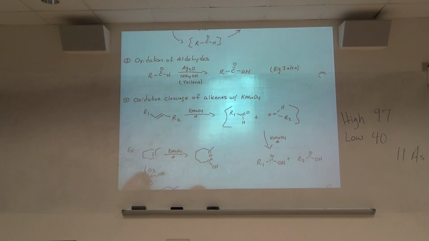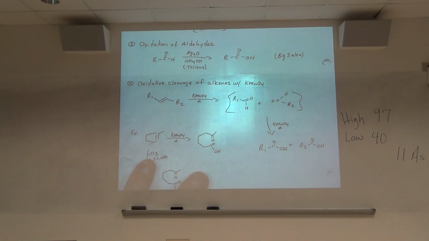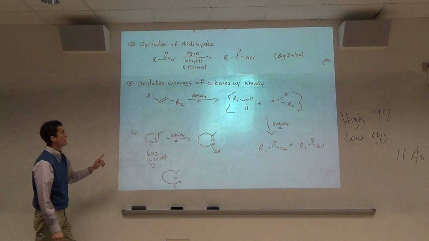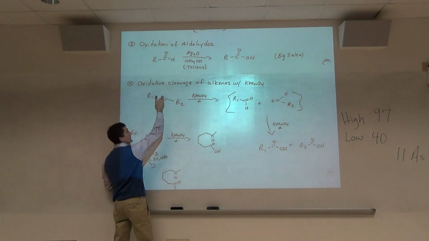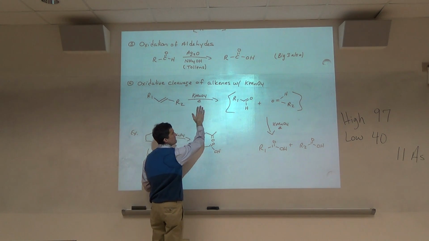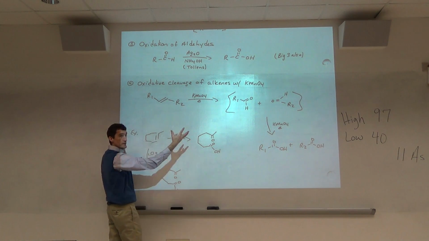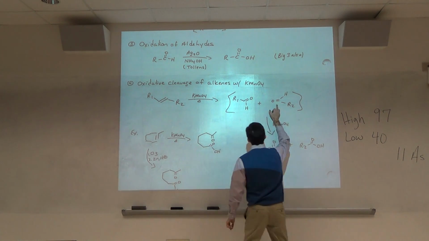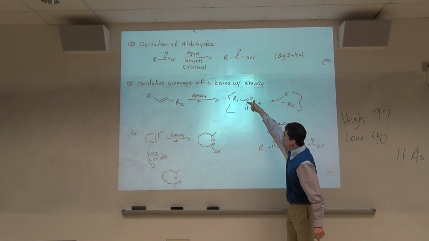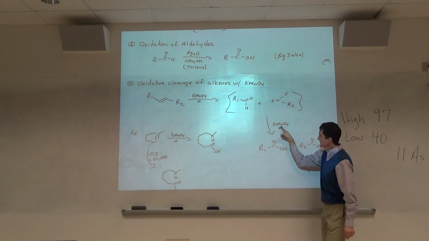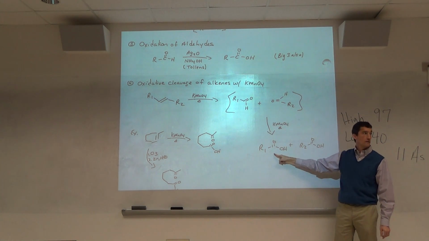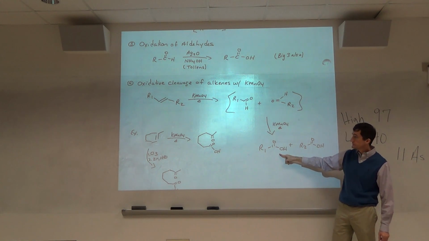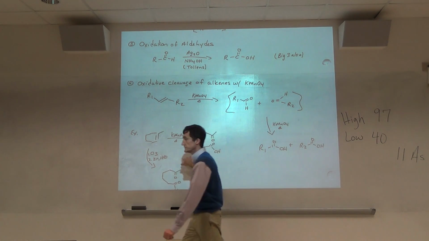How about another way that we've made carboxylic acids? What about cleavage of alkenes? If you take this with KMnO4, you can cleave the alkene with heat. Each carbon becomes carbonyl. But if one of them is an aldehyde, what happens to the aldehyde in the presence of KMnO4? Becomes carboxylic acid. And so there's other examples down here.